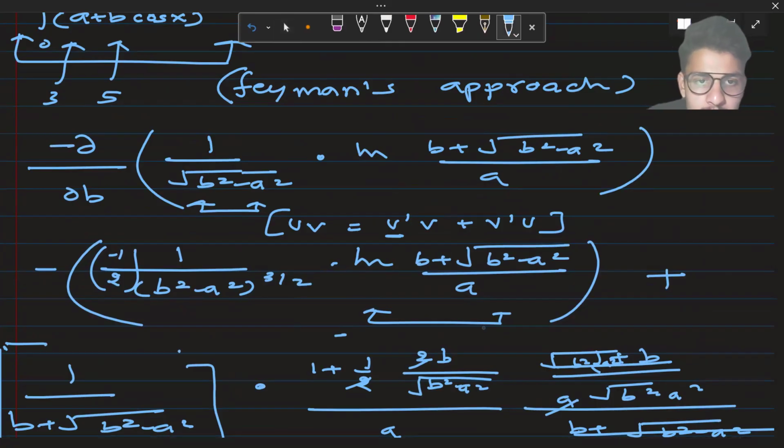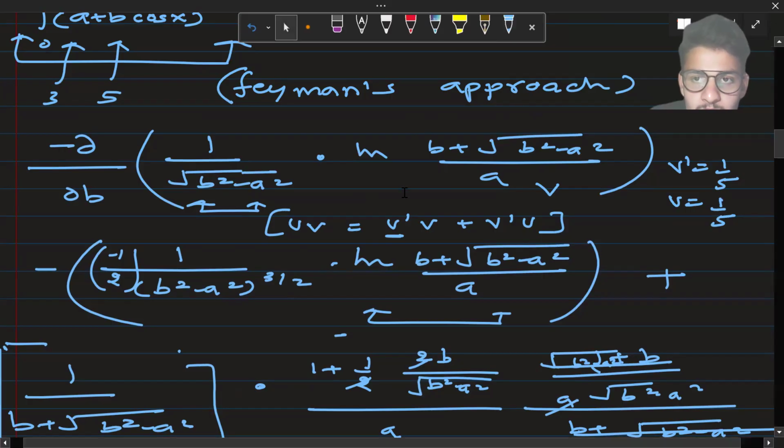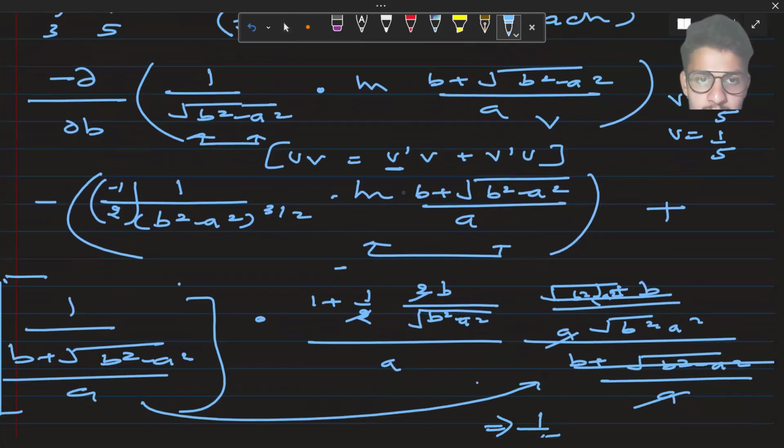When you do this, it's differentiation, which means you're treating this v dash as 1 by 5. And u is 1 by 5 again. And what is u dash now? This is u dash.